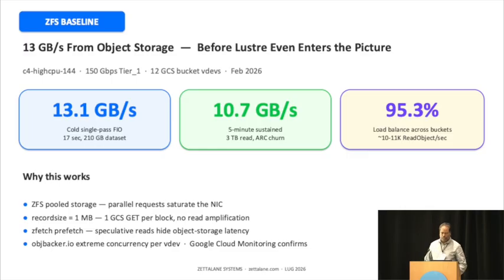So how this works: there's a myth that object storage is so slow, it's only for archival purposes or things like that. Things have changed with AI. You do have public object storage that can be connected at 100 gigabits per second. And the real heroes hiding the latency are ZFS's ZFetch, which is a pretty intelligent prefetch, and also Lustre from the client side, which has a lot of knobs for read-aheads and things like that.